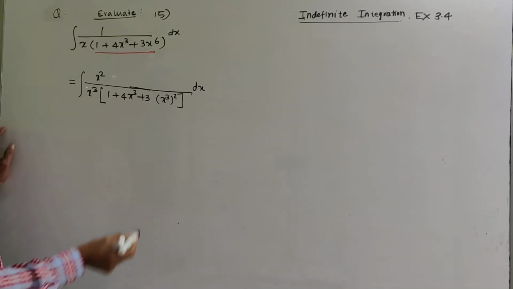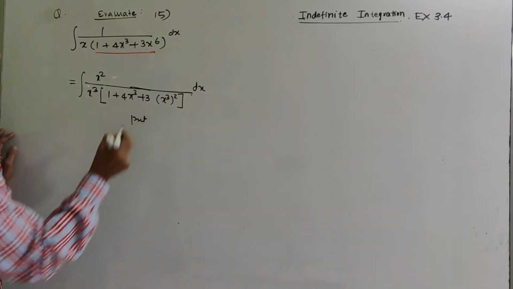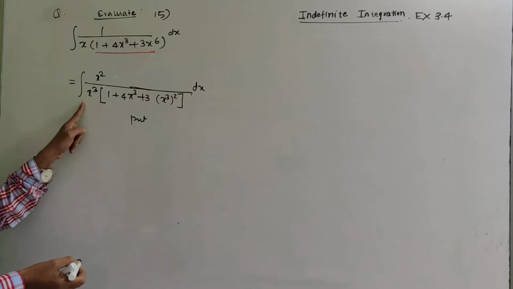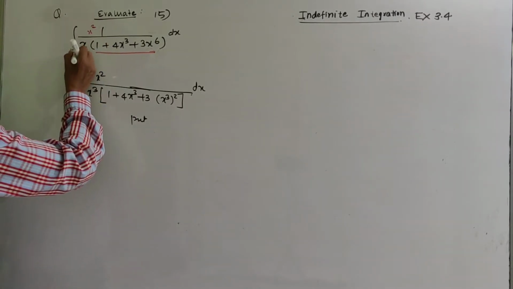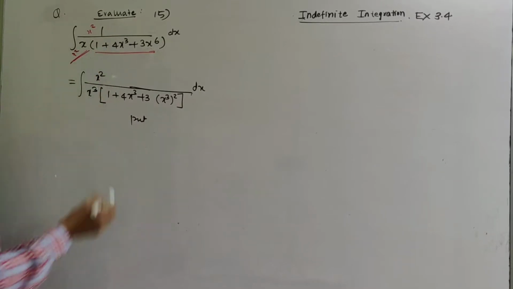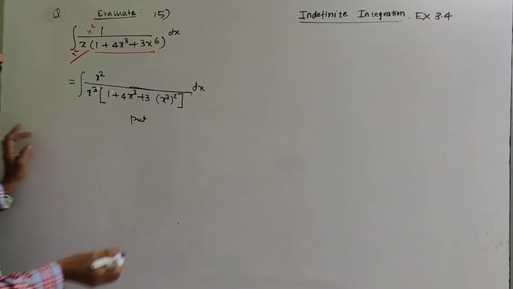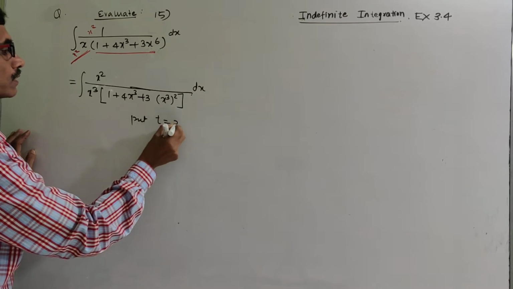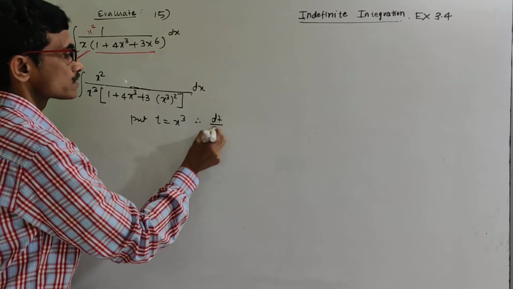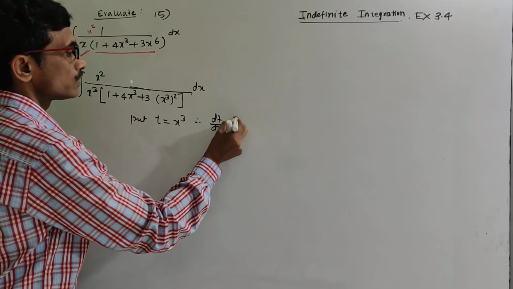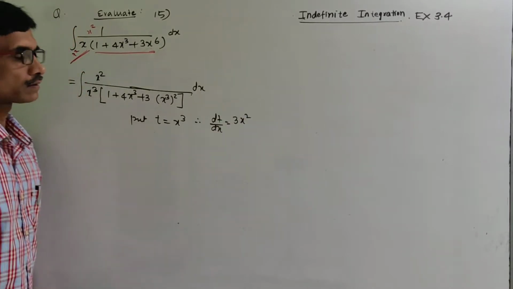Now put t is equal to x cube, therefore dt by dx is equal to 3x square.